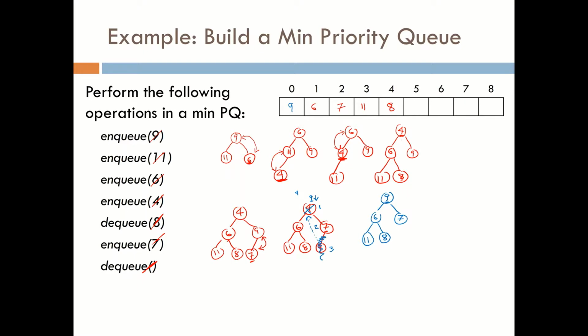And so we ask, is the 9 less than or equal to at least one of its children? In this case, it's less than or equal to both. Because this is a min heap, we will swap it with the smaller child. Okay, so we effect a swap that looks like this.